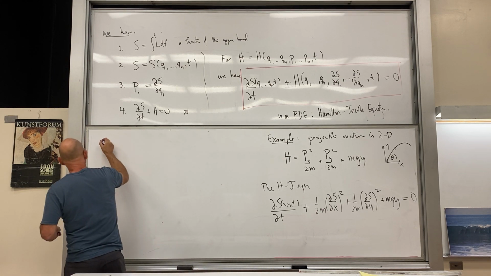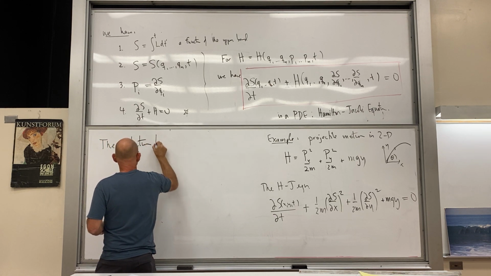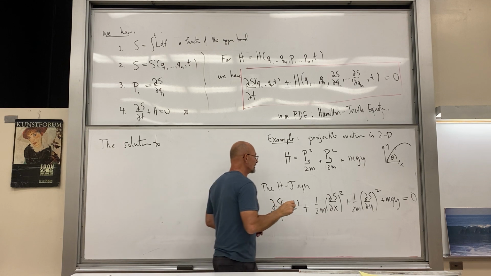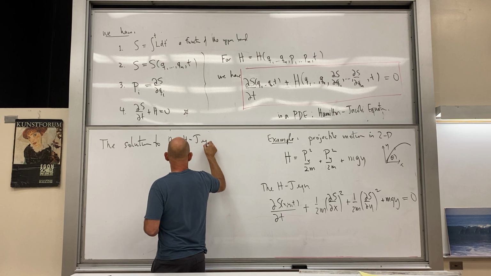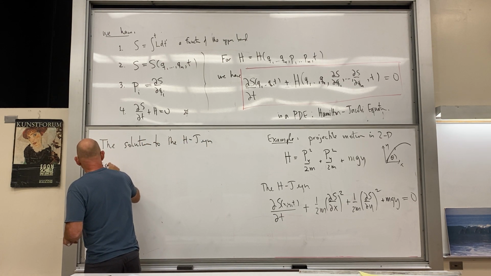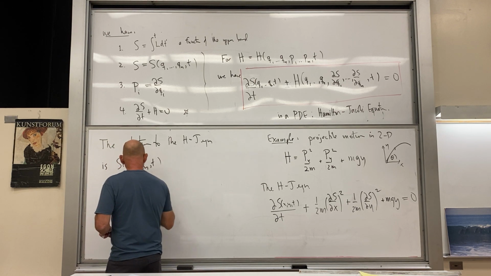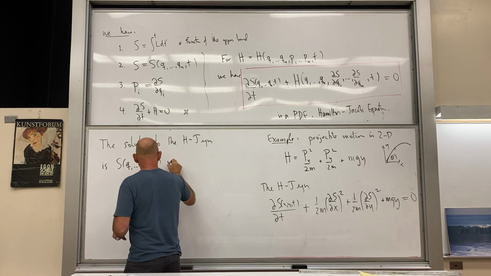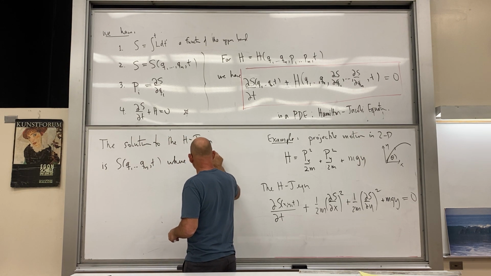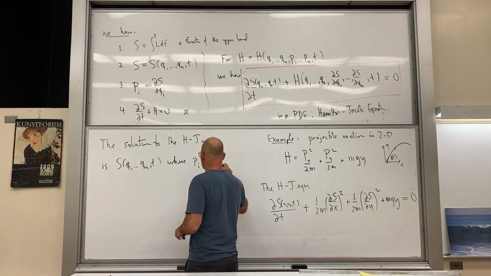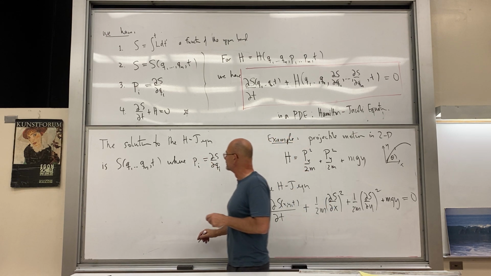So the solution to the Hamilton-Jacobi equation is S of q1 through qN and t, where we do know that p sub i is equal to dS dq sub i, but we do not yet know how to extract the motion.